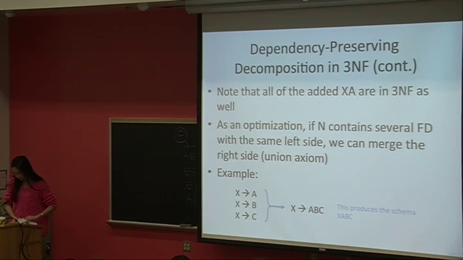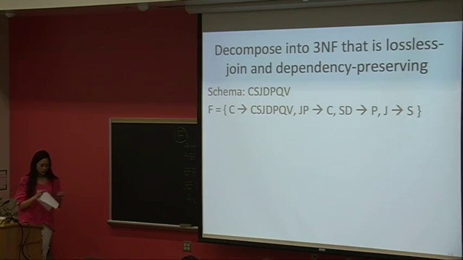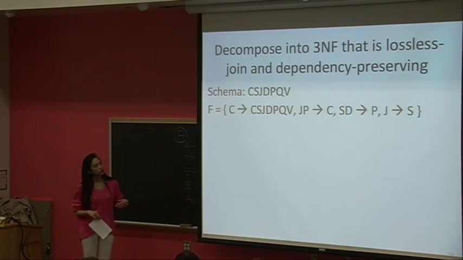I think we have time, then we can finish an example before we go. Okay, so that's this one, which is the example we have seen so many times, and the one that we weren't able to make dependency preserving earlier, right?